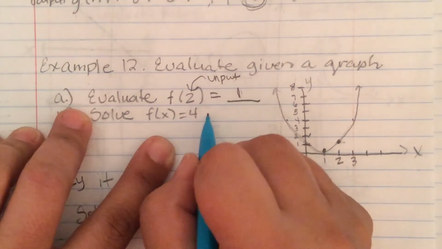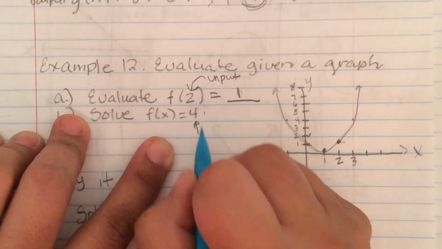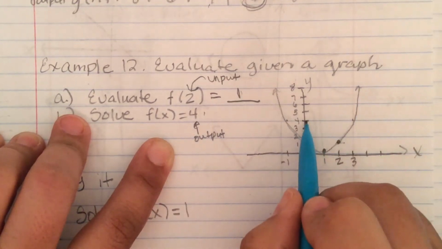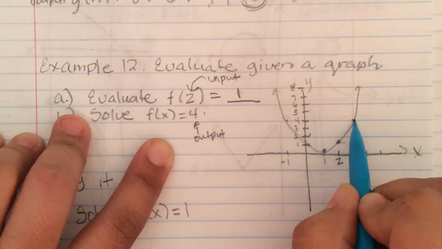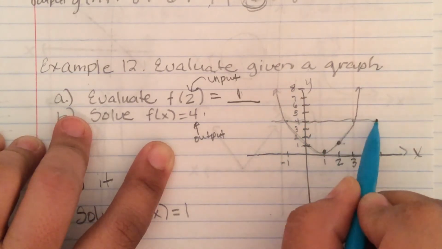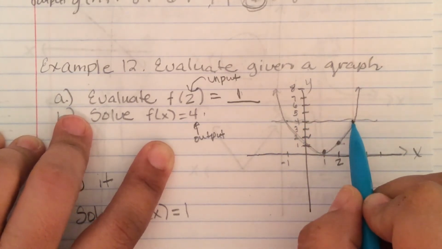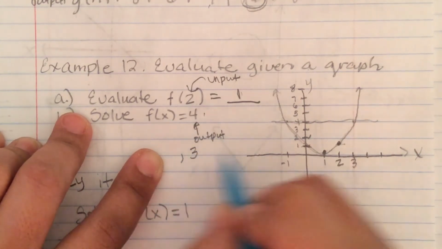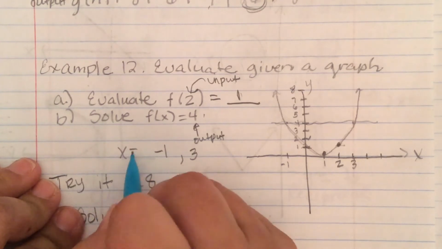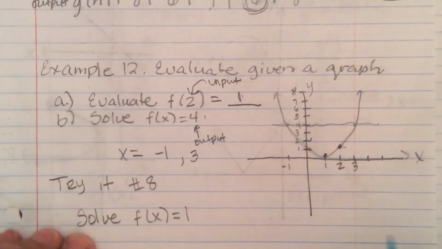And then this one's your output. So here's 4. Your output is 4. So you have 2 inputs, at 3 and at -1. So x is equal to -1 and 3.